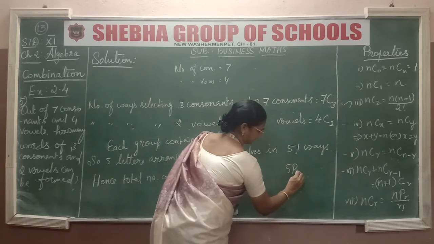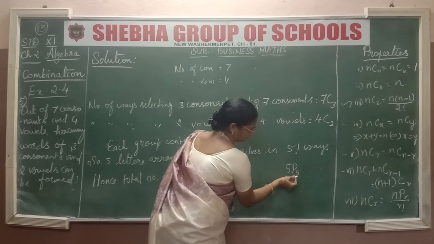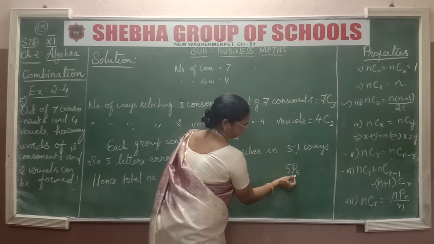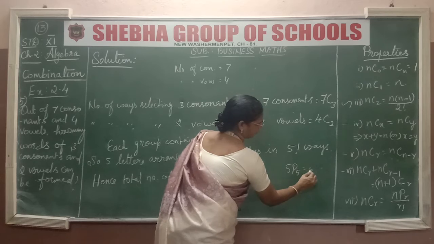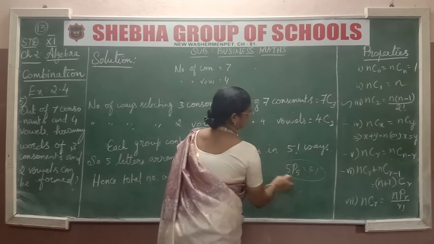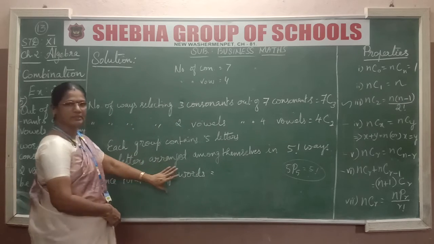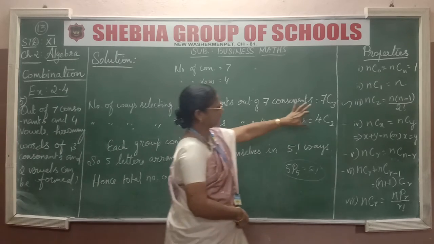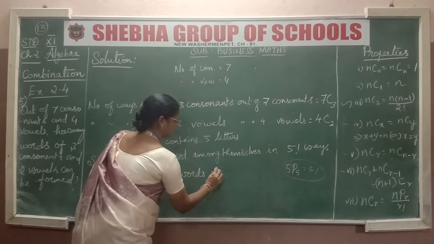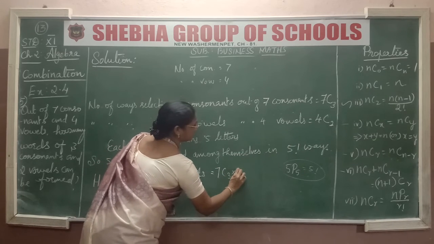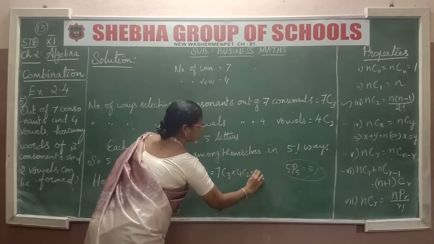Permutation, arrangement means permutation. 5 out of 5 means 5P5, and 5P5 is 5 factorial. So there are 5 factorial ways. So for the total number of words, we multiply these 3, that is 7C3 into 4C2 into 5 factorial.